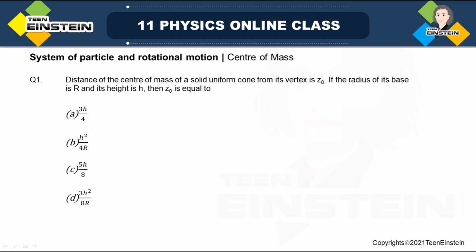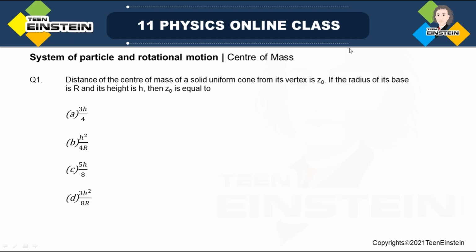To discuss the motion of a rigid body or a system of particles, we first need to define center of mass, because laws of motion are applicable only for point masses.